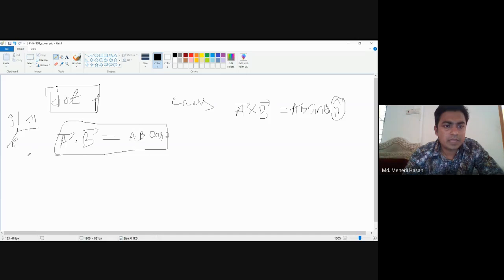Then in three-dimensional unit vector notation, if we try to find the dot product, say i dot i, following this formula, what is the magnitude of a unit vector i?